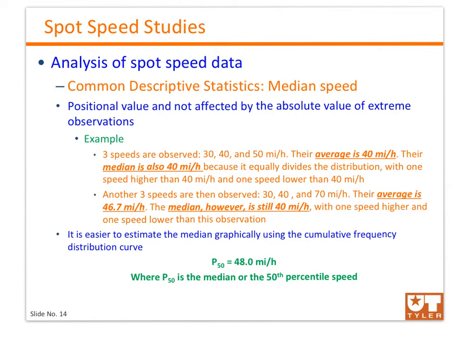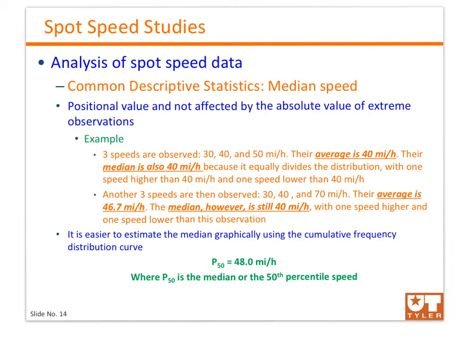So if you put them in arranged order, you would eliminate one from the low side and one from the high side until you have the middle one, and that would be the median speed. So here it happens that the average is exactly the median speed, simply because it equally divides the distribution, with one speed higher than 40 and one speed lower than 40.